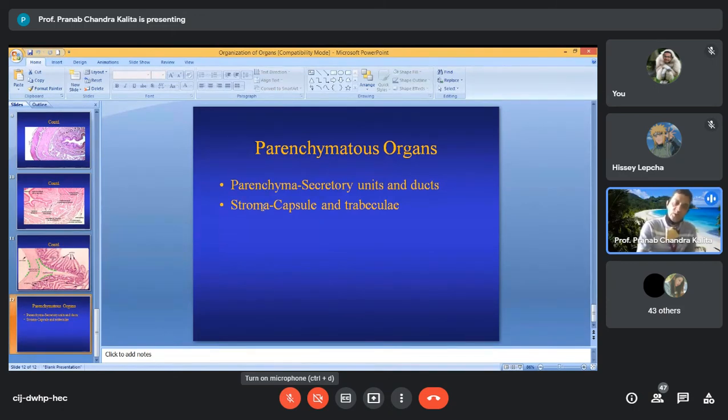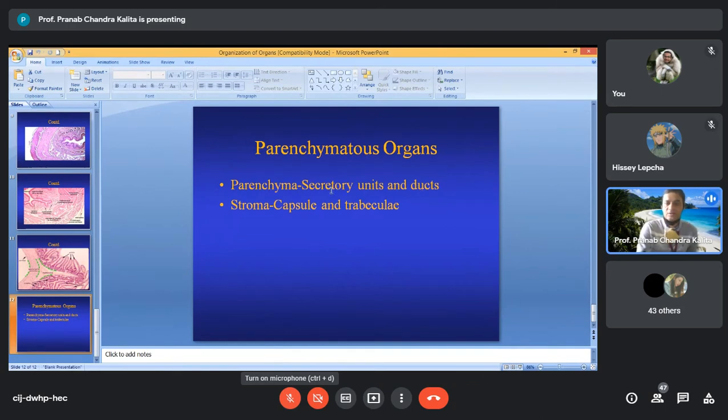So you must know what you understand by parenchyma. Parenchyma means the secretory units and the ducts. What are the ducts in different glands? Specific names will be there. Suppose the secretory units in the liver are the hepatocytes, then the hepatic duct.